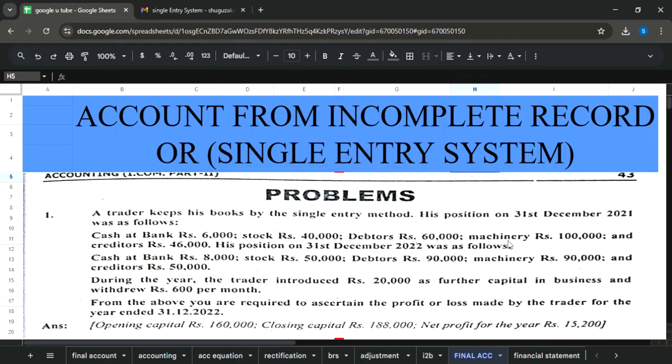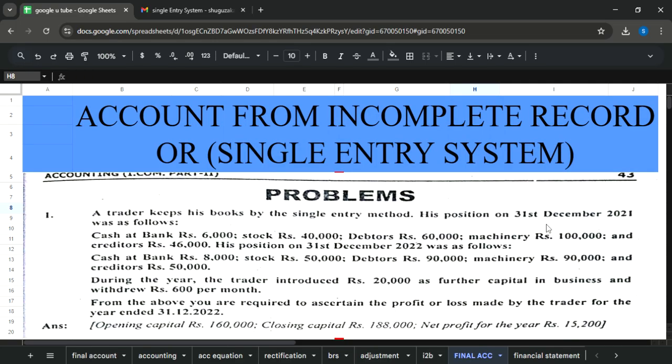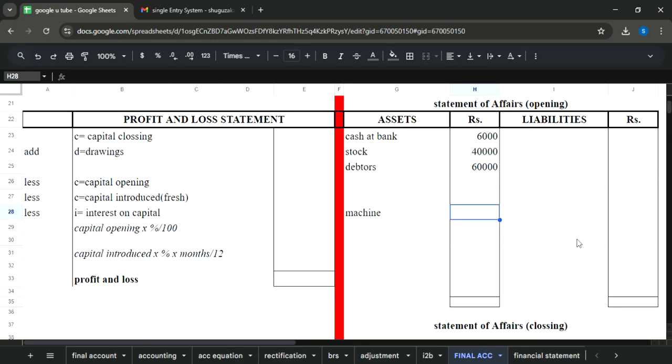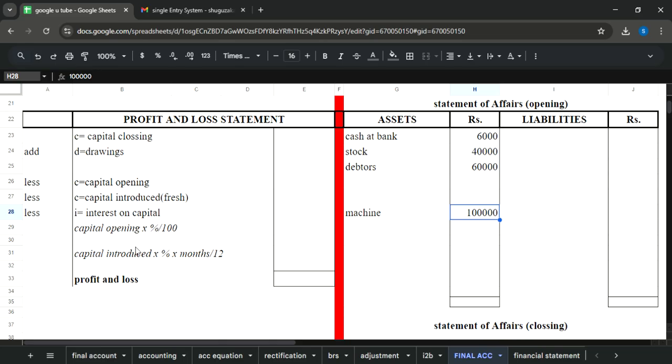After debtors we have machine. Machine is your asset, but we will make a little difference because machine is your fixed asset. We are going to write it separately, the amount of which is 1 lakh. So put 1 lakh over here. The next step is to see creditors. As you know, creditors are liabilities, so you will go to the other side, the liability side, and here you will mention creditors.